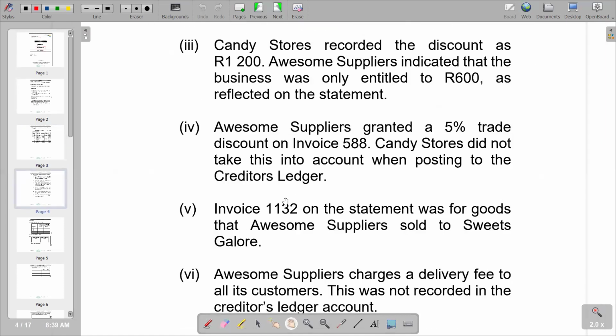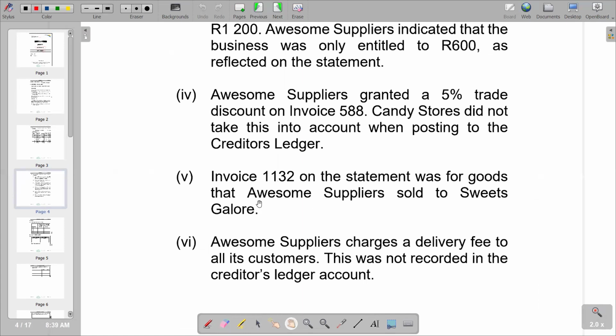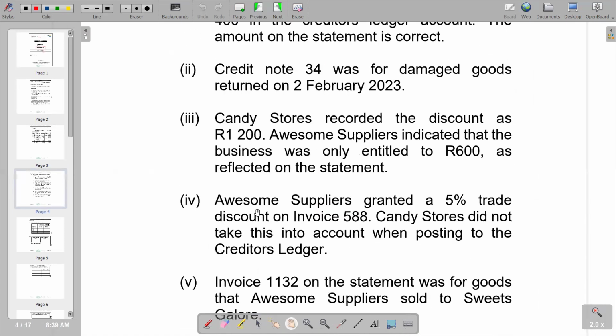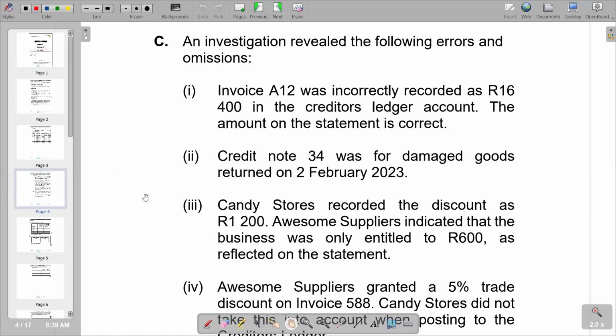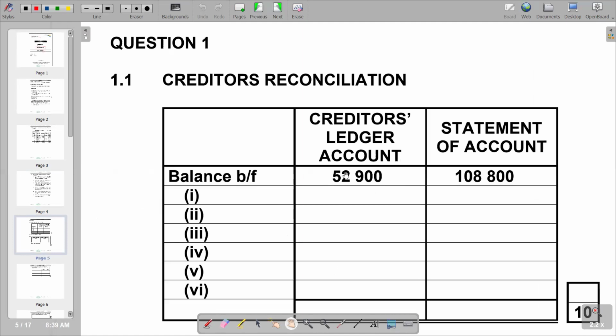And then we also have further information given here in terms of the adjustments which need to be effected on C. So you would see that this is going to be our other section, whereby we have a column for creditors ledger account and also a column for statement of account.